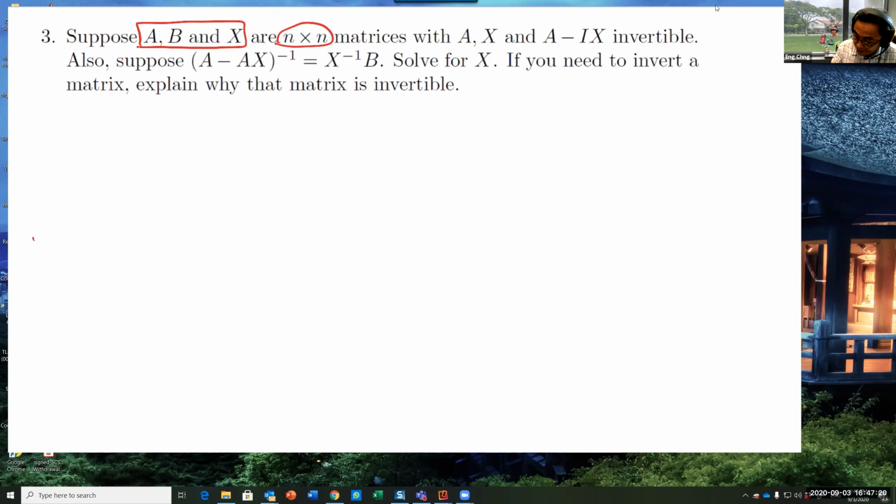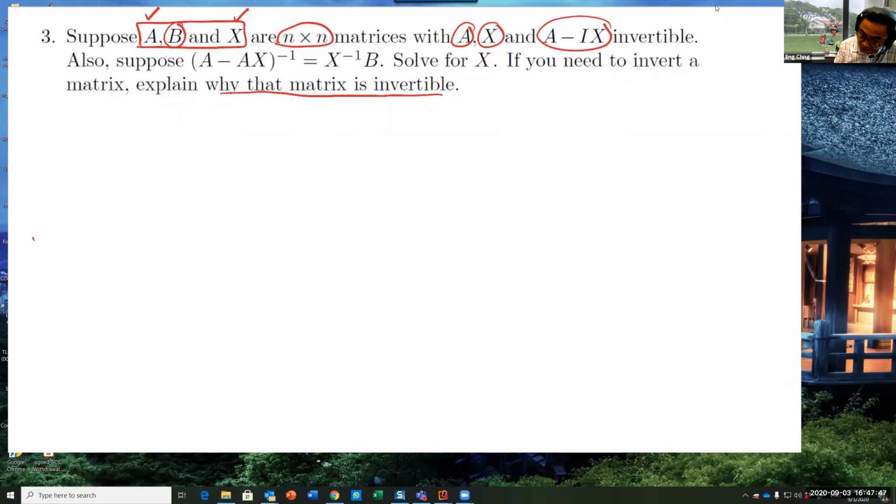So fortunately, he says A is invertible, X is invertible. So A is here, X is here. A minus IX is invertible. Interestingly, he never tells you that B is invertible, because later on, he's going to ask that if you're going to use B minus 1, then you must explain why it is invertible. All right.